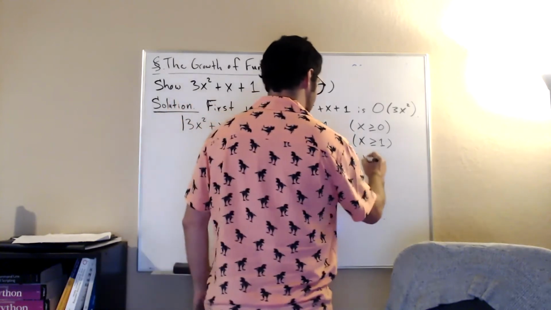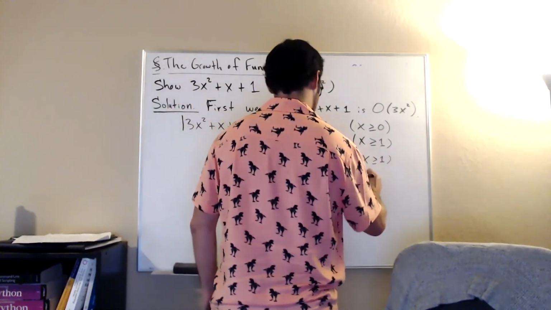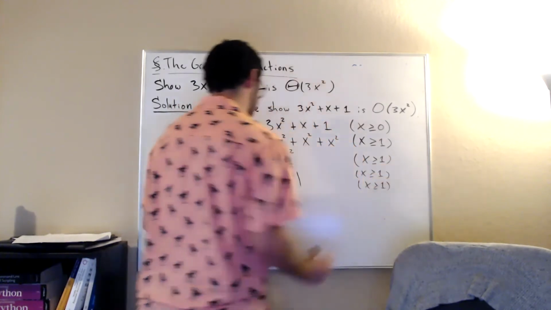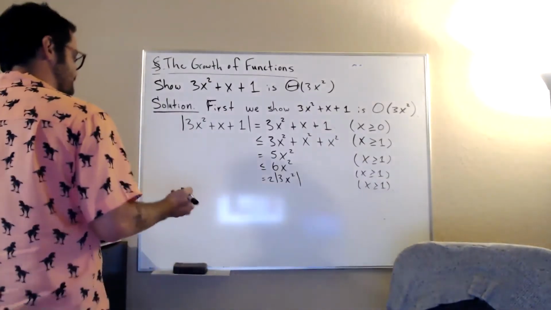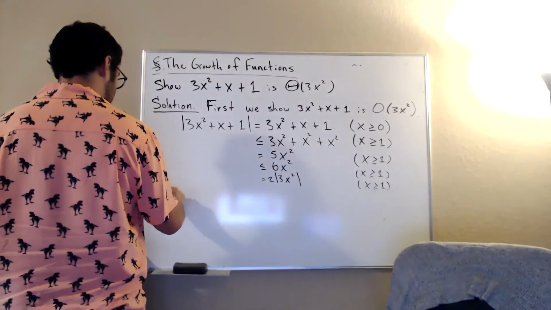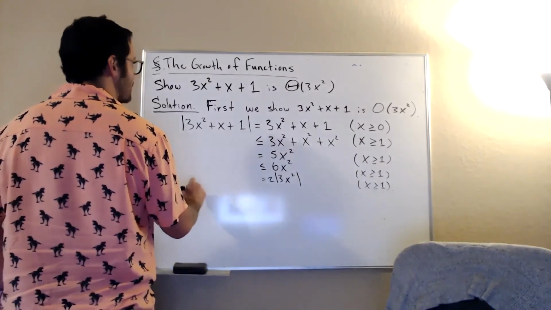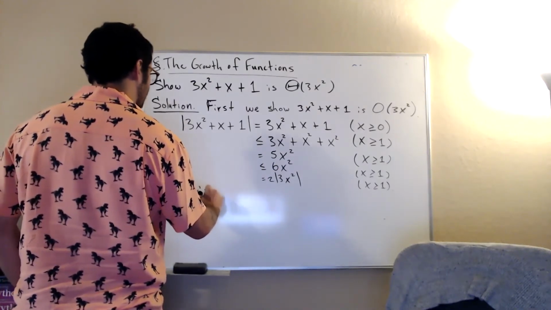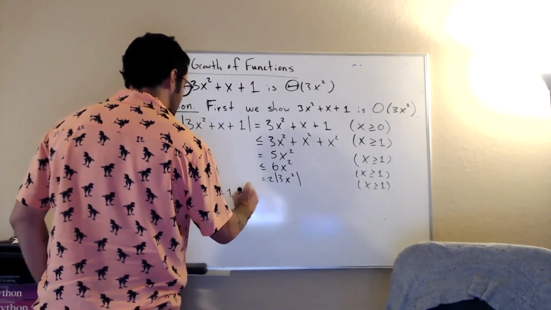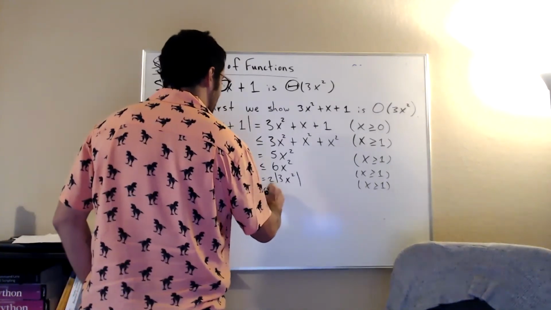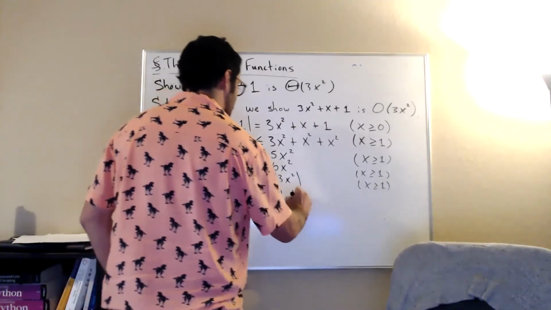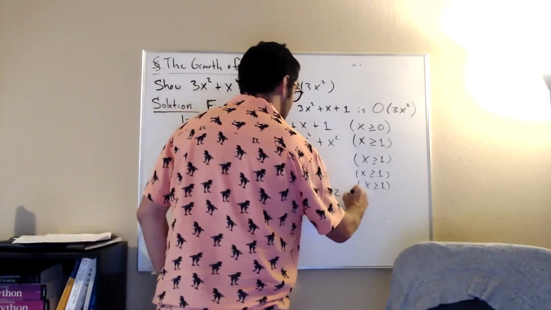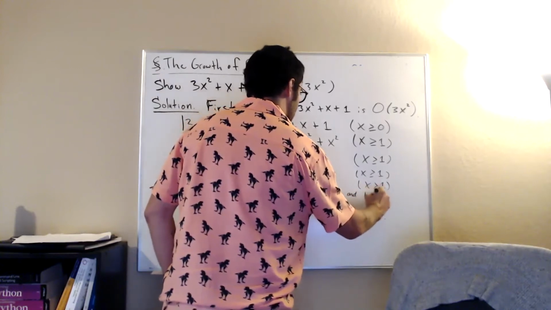And again, this is whenever x is greater than or equal to 1 at each step. So to see 3x squared plus x plus 1 is big O of 3x squared, take c equal to 2 and k equal to 1.